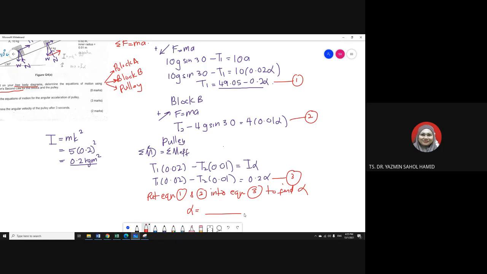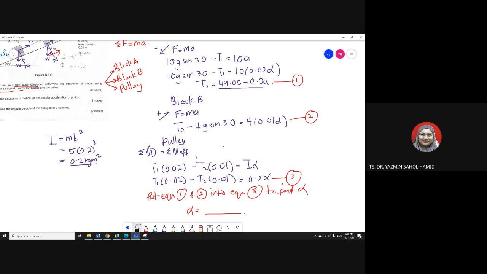What is the answer? You understand how to calculate alpha, right?